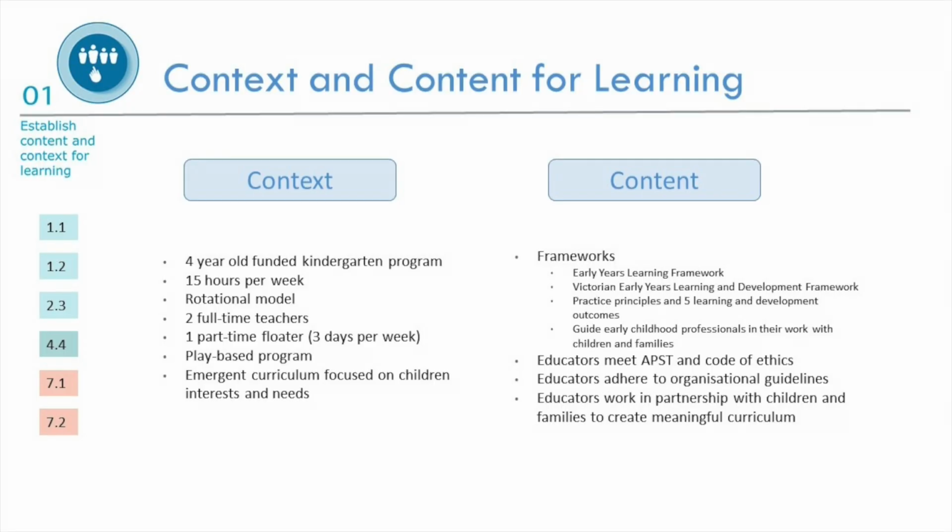The content which we offer children is guided by frameworks such as the Early Years Learning Framework and the Victorian Early Years Learning and Development Framework, as well as adhering to things such as the Australian Professional Standards for Teachers, Code of Ethics and organisational guidelines, and working with families and children to make curriculum meaningful for them.